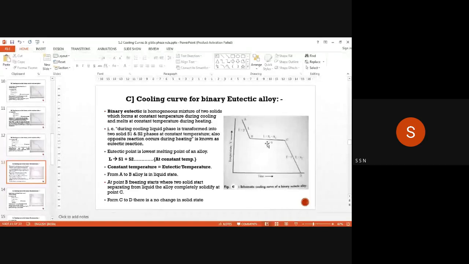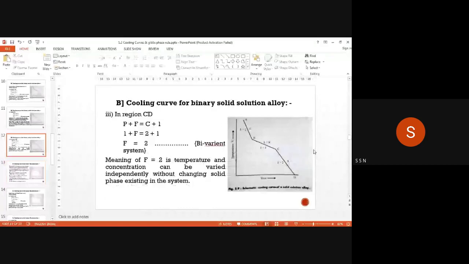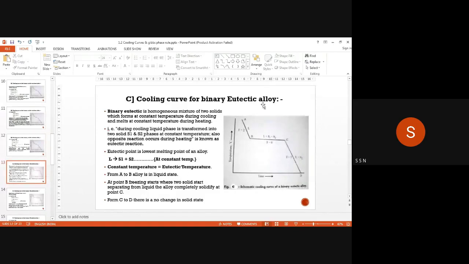That means at a constant temperature there is a homogeneous mixture of two solids. In the previous two types of cooling curves, only one type of solid is available for the same alloy. But here, for the same alloy, we have two different solid phases, S1 and S2, at a constant temperature.